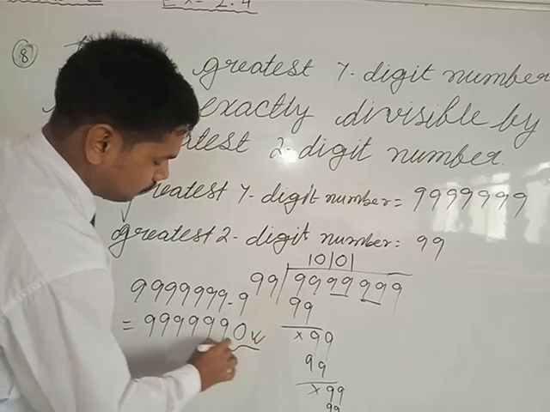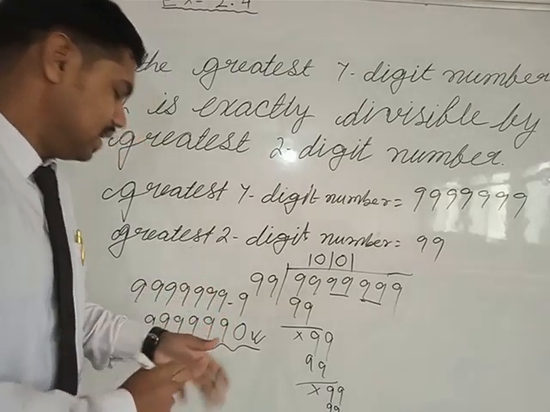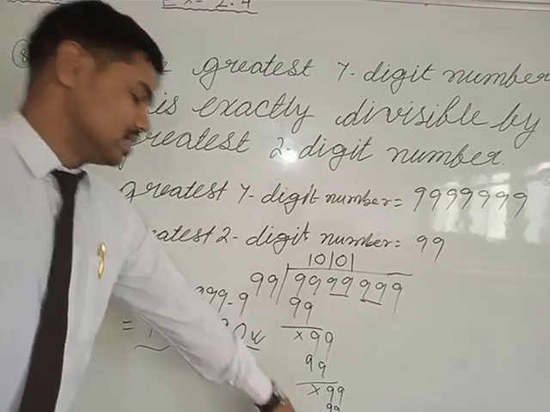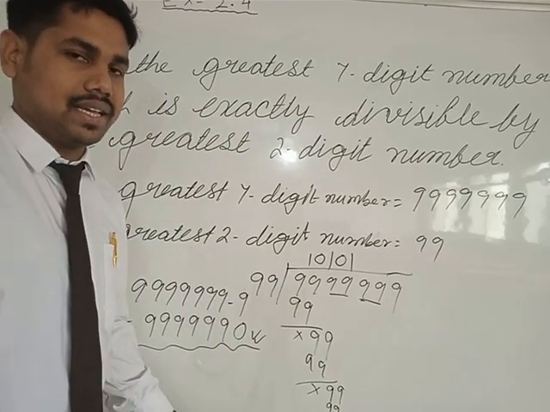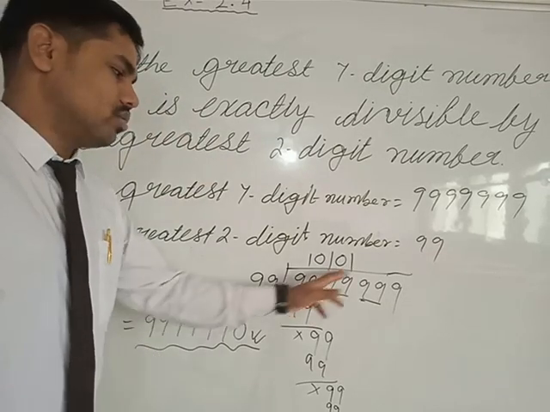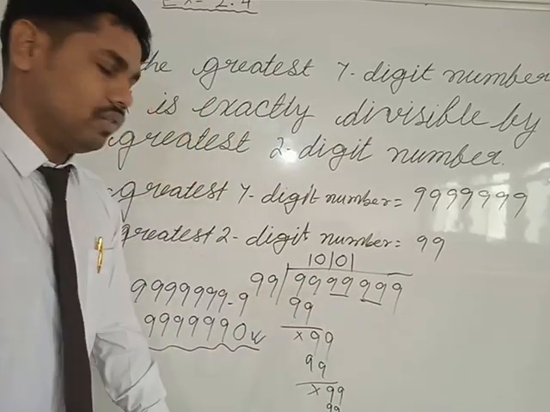That means the required number will be this. Why? Because this is the number which is exactly divisible by 99 when the remainder is not there. The question asks that the remainder should not be there, it should be completely divisible. It will be completely divisible when this 9 becomes 0.